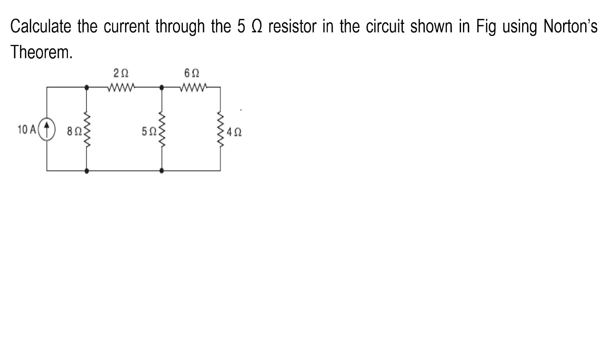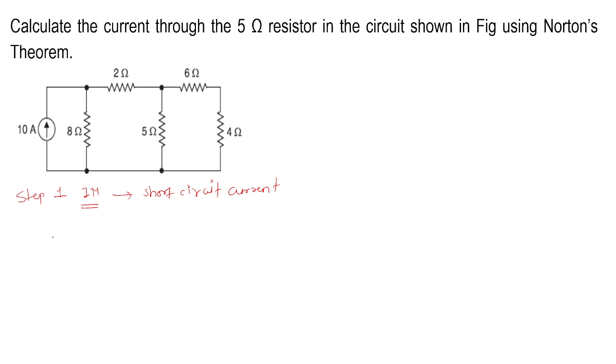So in this given example, what we need to do? First of all, in step 1, we need to find IN. IN is nothing but your short circuit current. या स्टेप मध्ये आपल्याला IN फाइंड करायचं आहे.